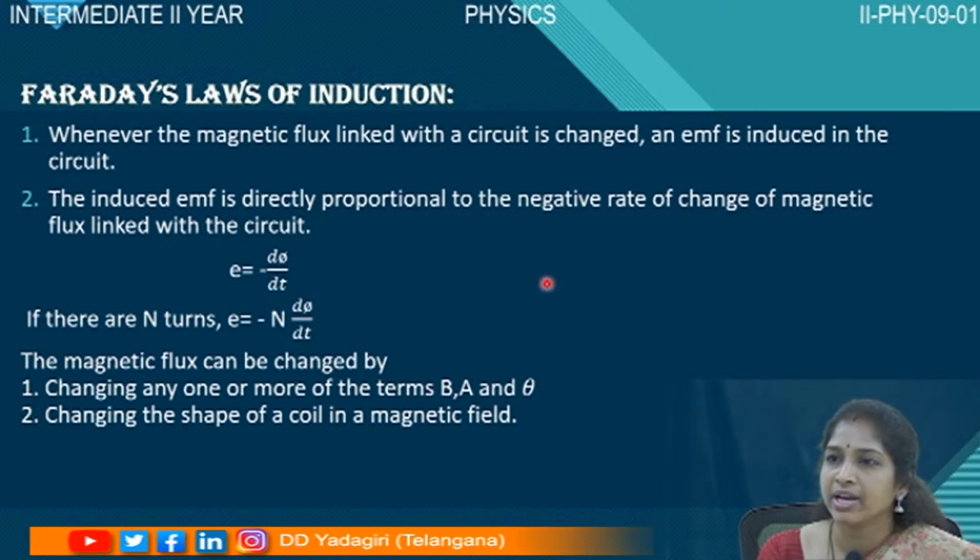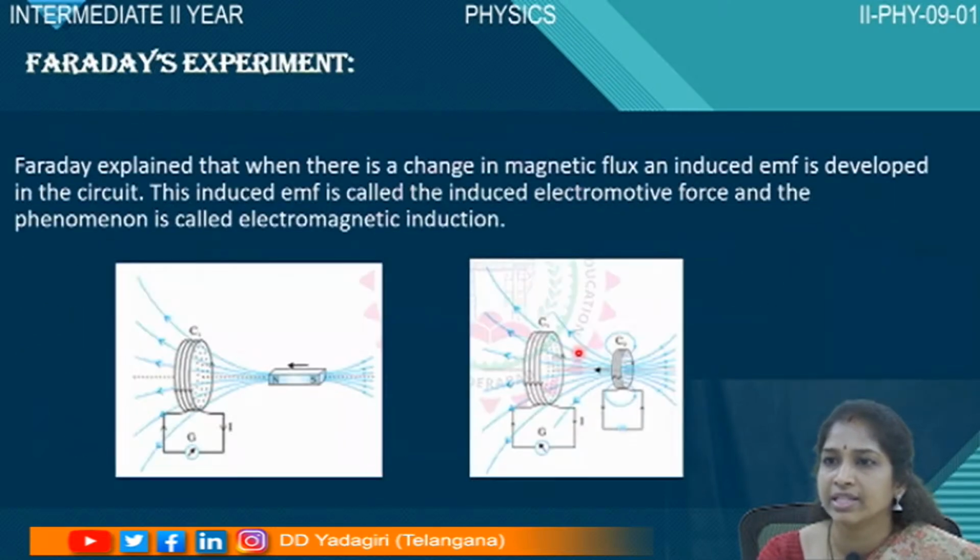I told you already, when there is a change in the magnetic flux linked with a circuit, that means if there is a coil and the magnet is brought towards this coil, as in the first experiment, we can see that when the magnet is brought towards the coil, a current is produced in the coil, or EMF is generated.